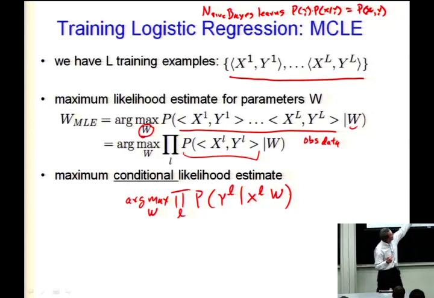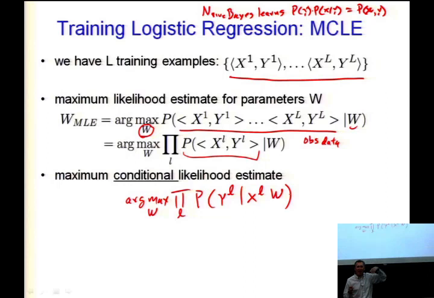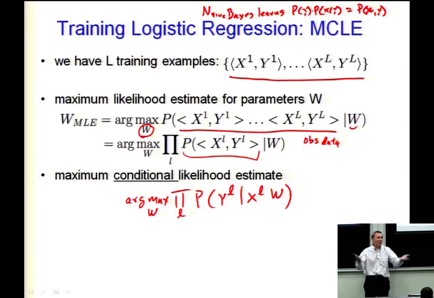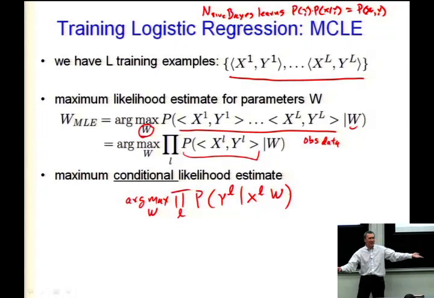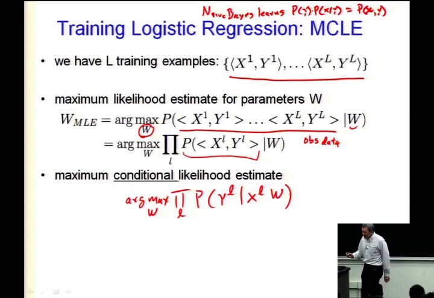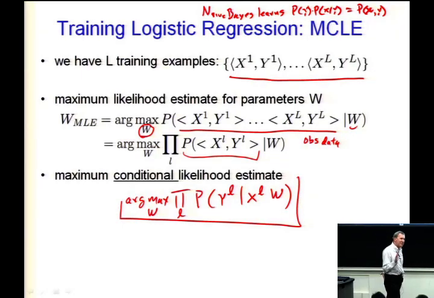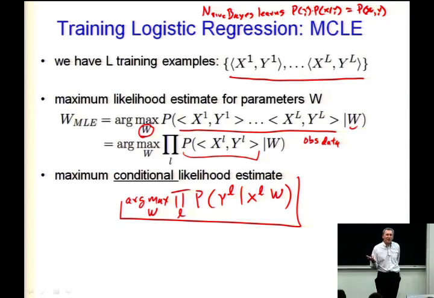And by doing that, we're essentially picking the W's that are fitting just this conditional distribution y given x, which, of course, is the one we care about. And, in fact, this is the standard way of training logistic regression. So this is a kind of interesting difference between training naive Bayes and training logistic regression.